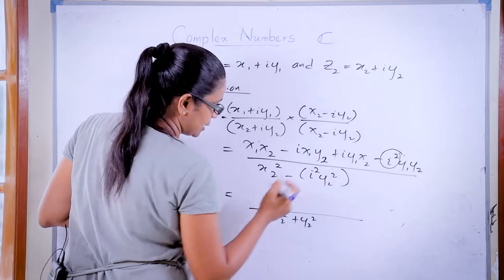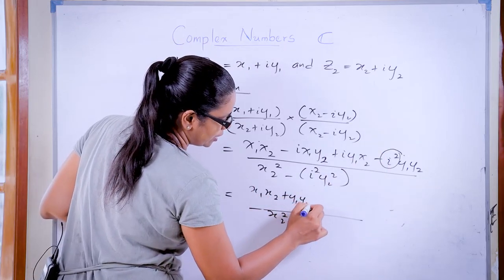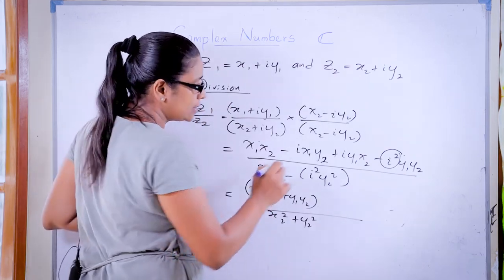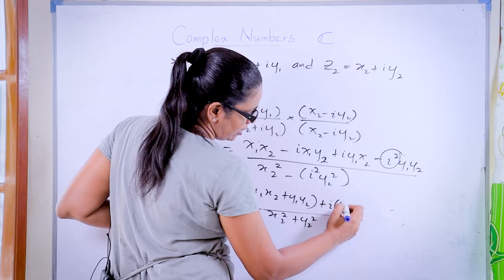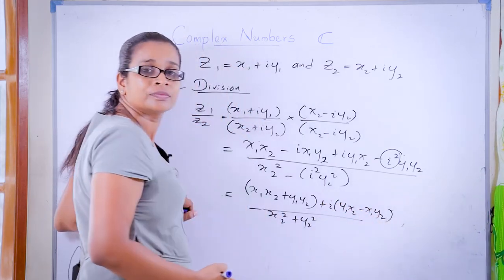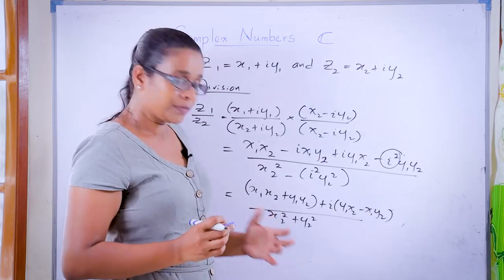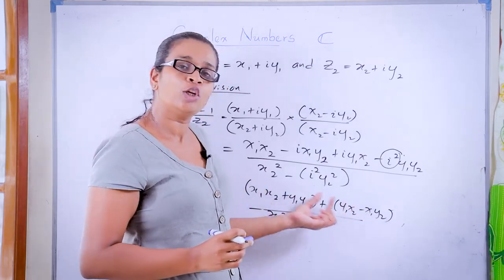So I am going to consider x1 x2 plus y1 y2, and here plus i times y1 x2 minus x1 y2. Now look at here. This denominator is common for both terms in the numerator.